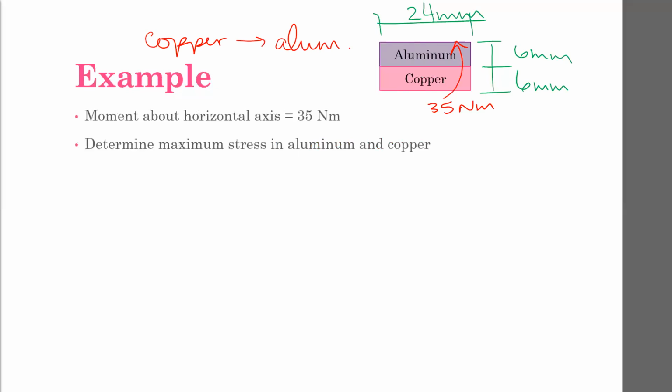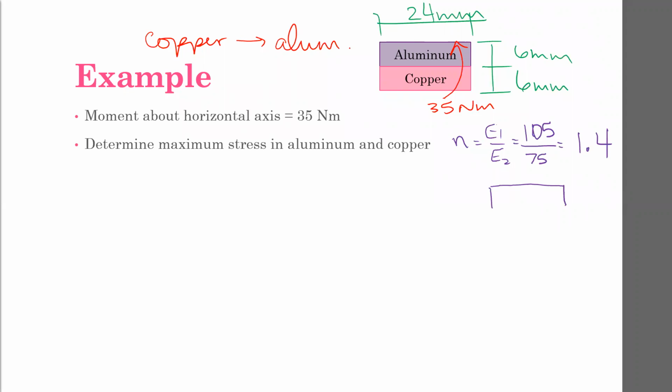That means I calculated N as E1 over E2, which for copper should be 105, and for aluminum is 75. Means the ratio of their E values is 1.4. So the aluminum is staying the same.